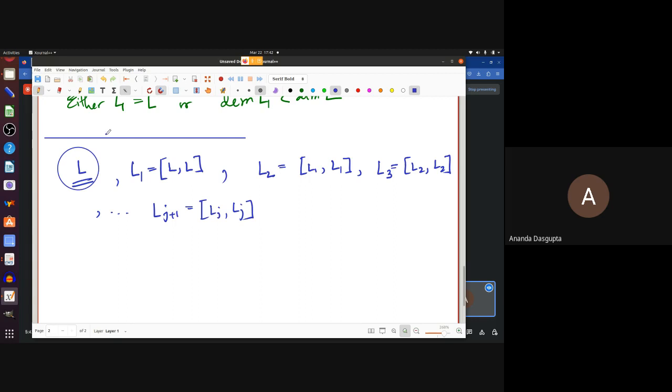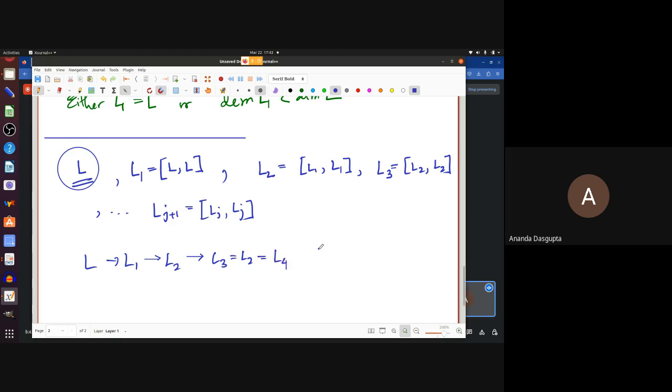So either the dimensionality goes on reducing, or at some stage, maybe after 3 steps, maybe after 4, maybe at the very beginning, what you get is something like this. L becomes L1, then L2, but then L3 is, let's say, equal to L2. Could be L3, could be L5, can't really specify. But then if L3 is L2, what is L4?